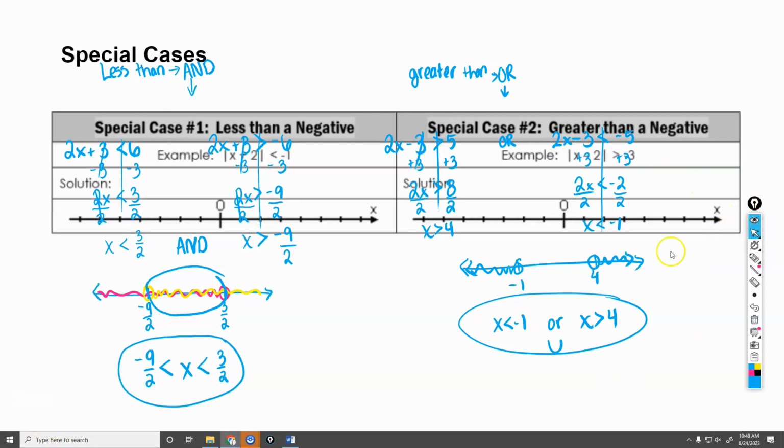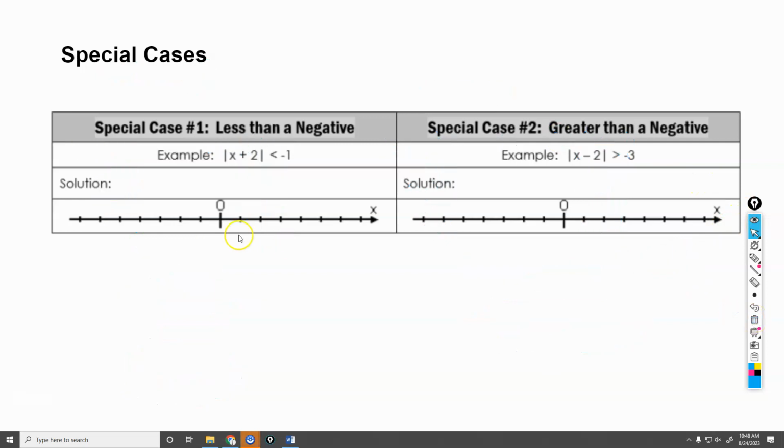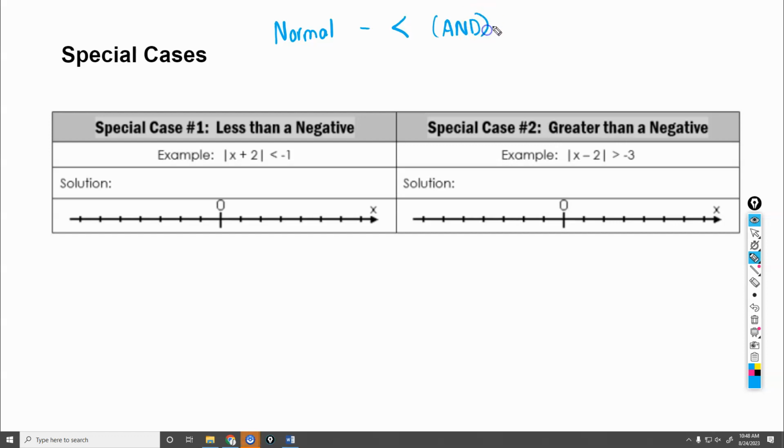Okay, there are some special cases that are going to happen here. As I was telling you, let's think about a normal case first. If I have a less than, which is an and problem, then whenever you graph it, you've got in between two, right?